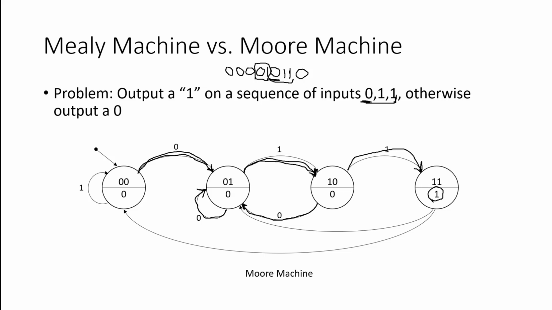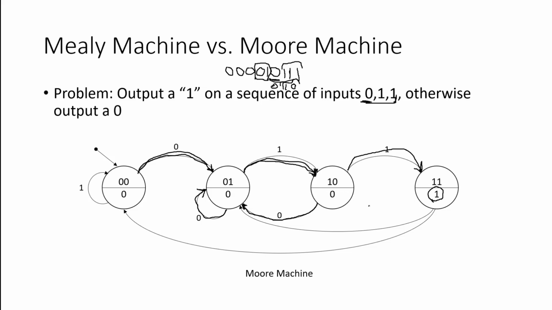Likewise, if I'm in this final state after receiving 0, 1, 1, and I receive a 1 again, the desired sequence is broken, because I do not have the sequence 0, 1, 1 here. Note that this is 1, 1, 1. Likewise, if this was 0, 1, 1, 0, the sequence has been broken.